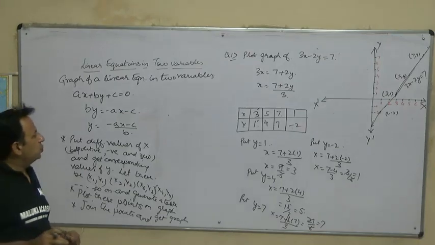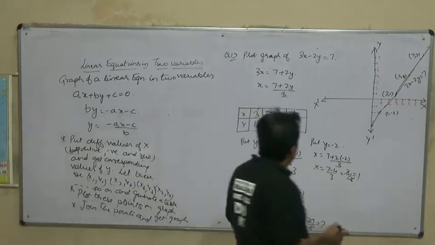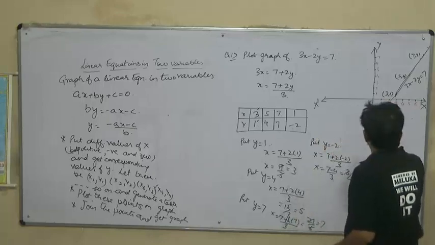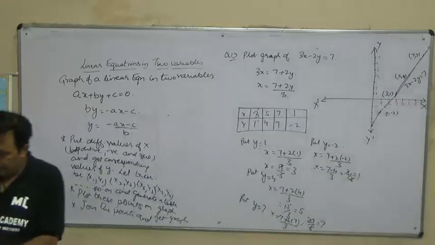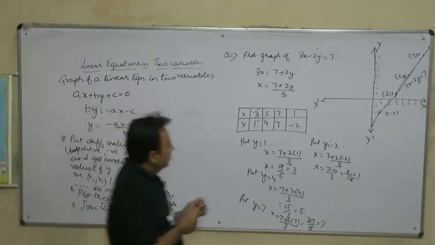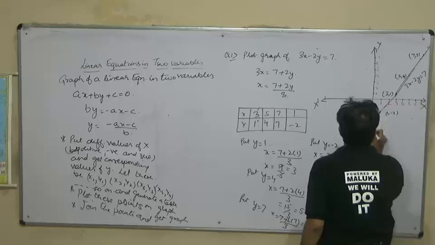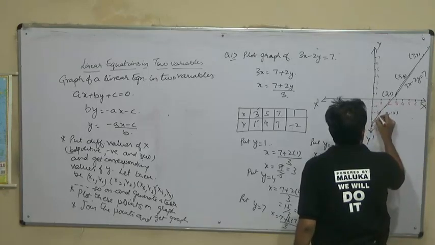When x is equal to 0, this is -7/2. So now we can check. If we continue in the same manner, this will be your -3, this will be -4.